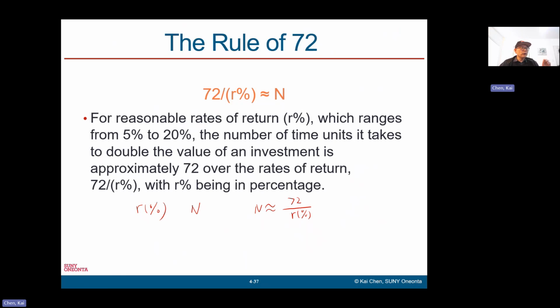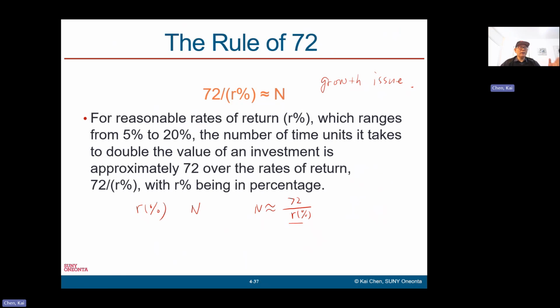Also, we can apply the rule of 72 to the growth issue. Why? Because here R is essentially a growth rate, right? So the rule of 72 is a rule of thumb that can be applied in growth issues.